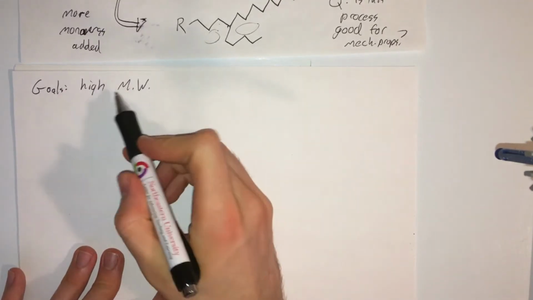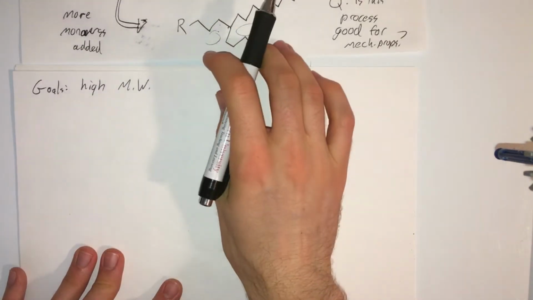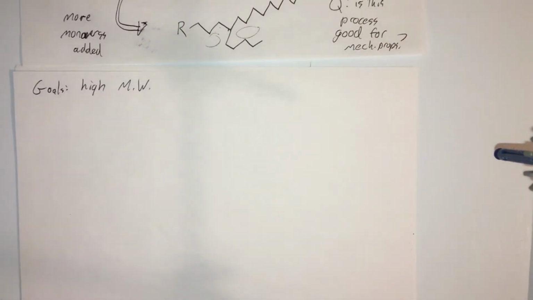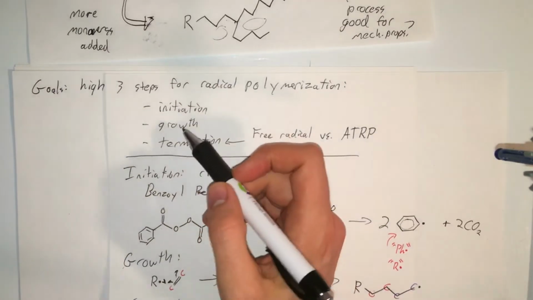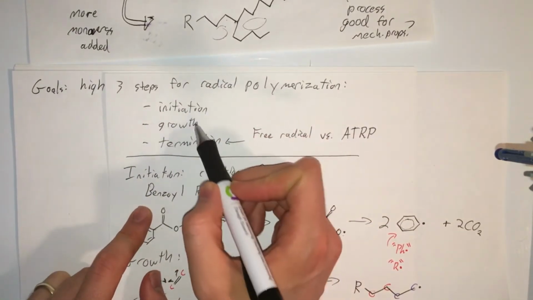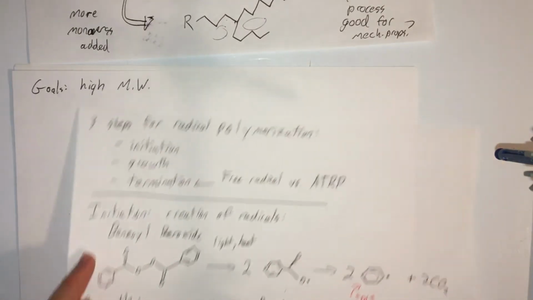Oftentimes, as chemical engineers, we might have some control over our three processes in our polymerization: initiation, growth, and termination.